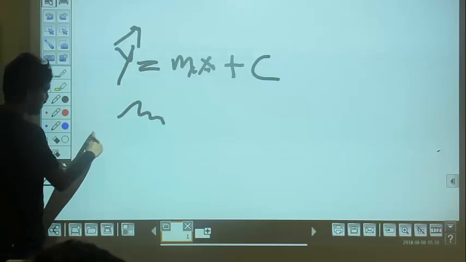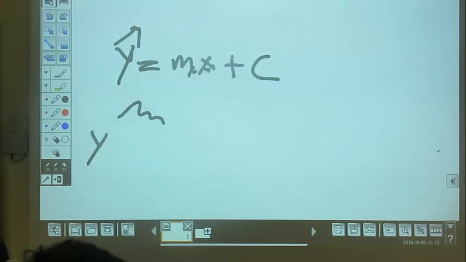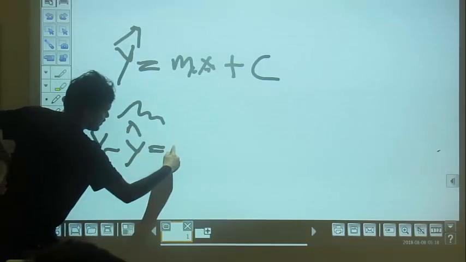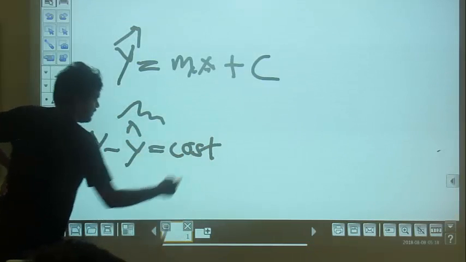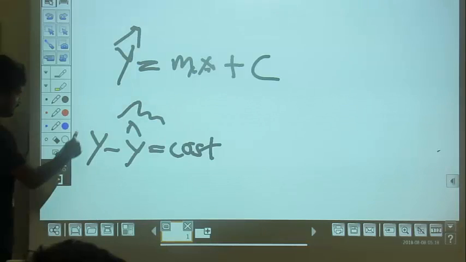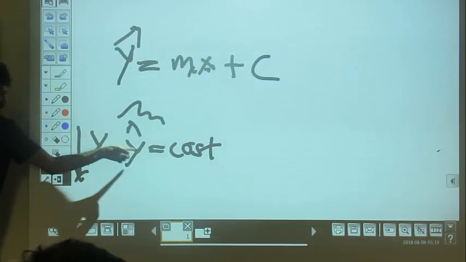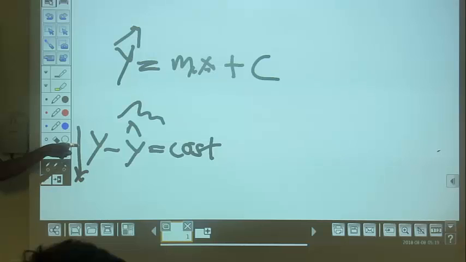Our actual output could be y, and we find the difference between y and y hat. So this is our cost. What we have to do is minimize this cost. Our function outputs a y hat, but our actual output is a y, so we find the difference and try to minimize it by adjusting m and c.